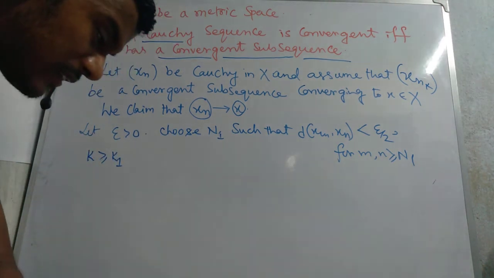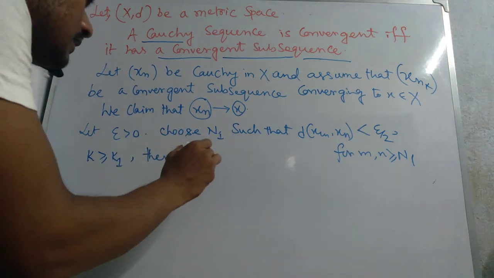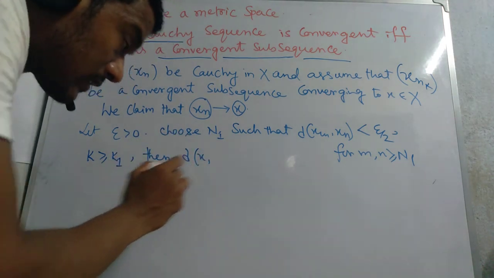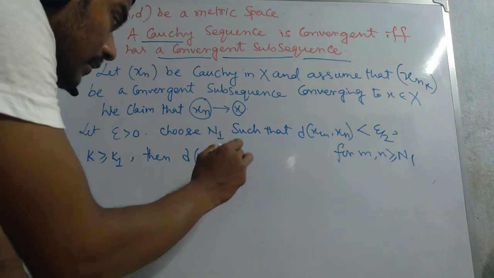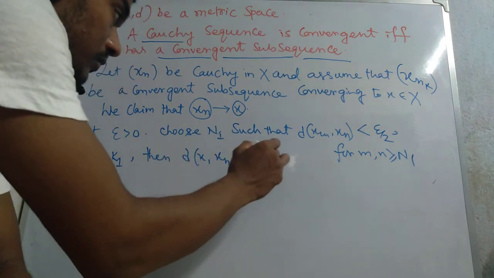Then obviously d of x, xnk is less than epsilon by 2.